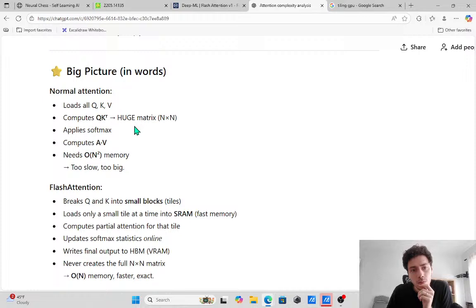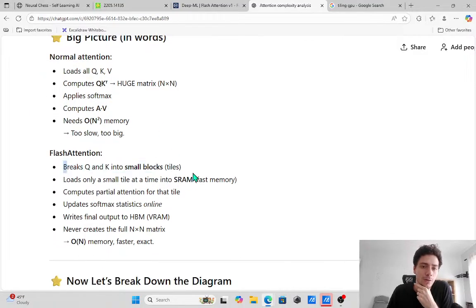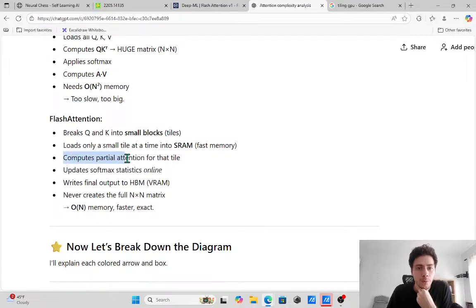Compute this. A normal attention. Fine. Flash attention breaks the input into small blocks or tiles. Loads only a small part into SRAM. Fine. Compute partial attention for the tile. Okay. Update softmax statistics online.